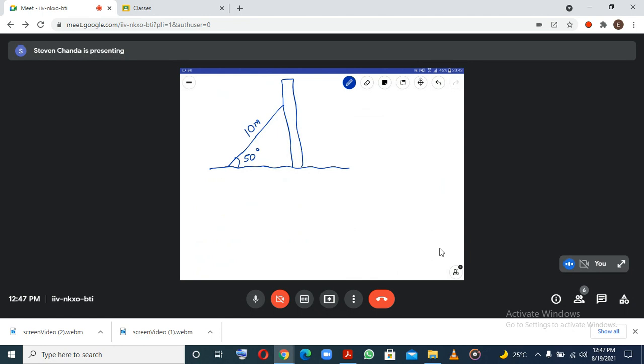So ask yourself, what really does friction do? Friction goes against motion. So the question you have to ask yourself is, if this ladder is to slip and fall, how should the downward part go? Should it go in the direction of A, or should it go in the direction of B, the down part?